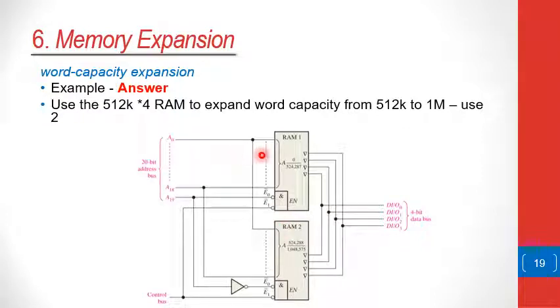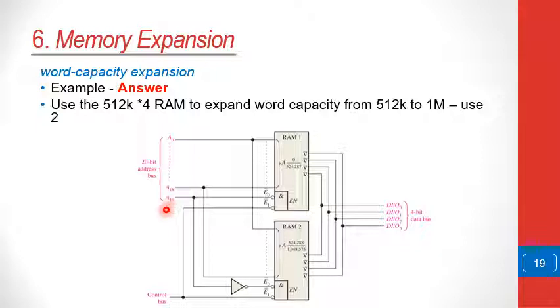A1 would go to both, A2, A3, A4, all up to A18 would go to RAM number 1 and RAM number 2. And that will be done with the address lines, because you only have 19 address lines in each of these RAMs. Now, you need to expand this by putting in an extra address line, which is A19, the 20th one.